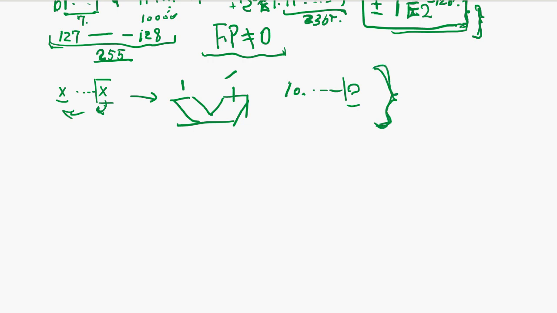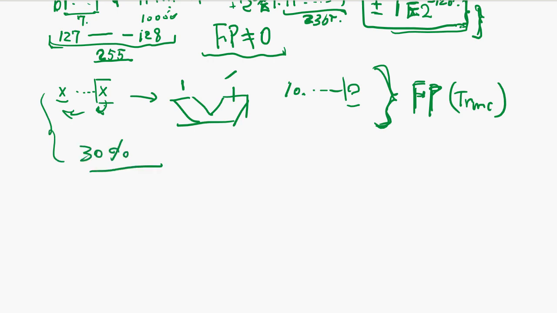So in high speed FP, usually you use only truncate, because with round to the nearest, the amount of hardware may increase by 30% or more, and performance drops. And which one do you want to take, performance or accuracy?